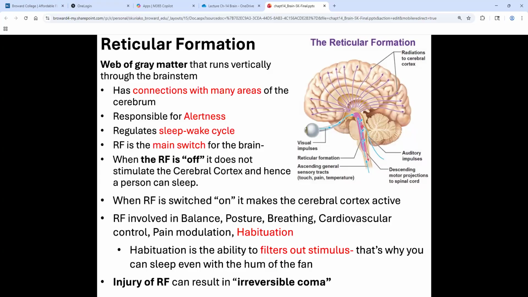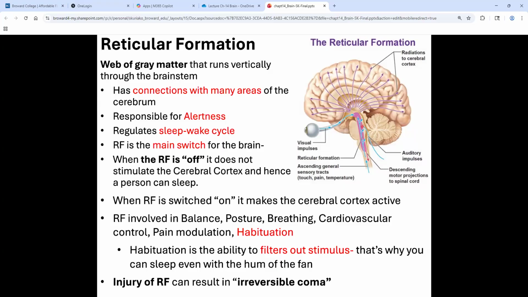So how do you go to sleep? It's because something is turned off in your brain. If your brain is constantly stimulated, you won't go to sleep. So in the brain, there is a switch. And that switch is the reticular formation. So you can turn off the reticular formation, which prevents any signals going to the brain, so your brain can go to rest.